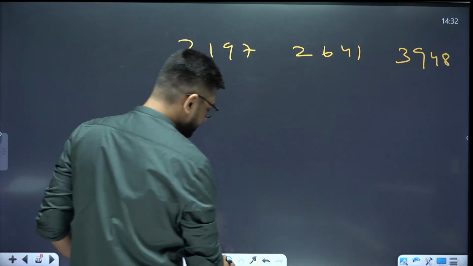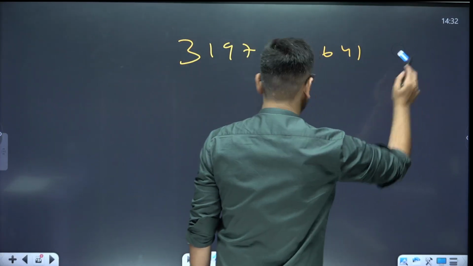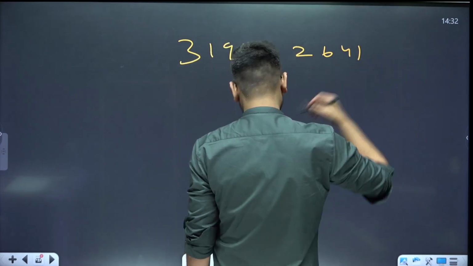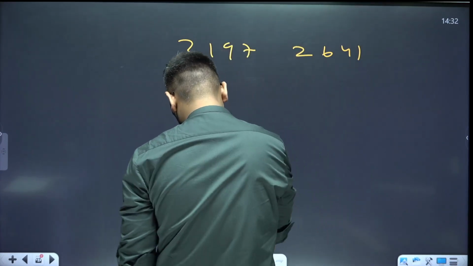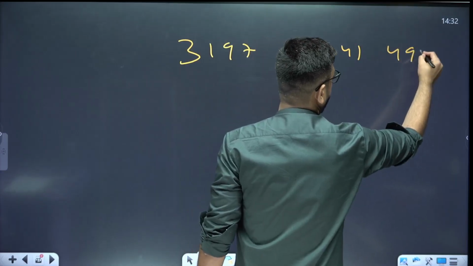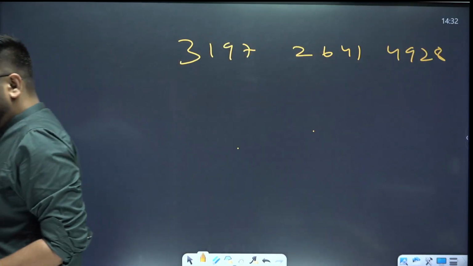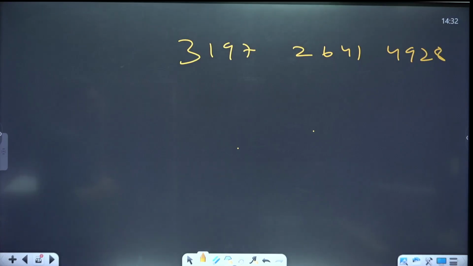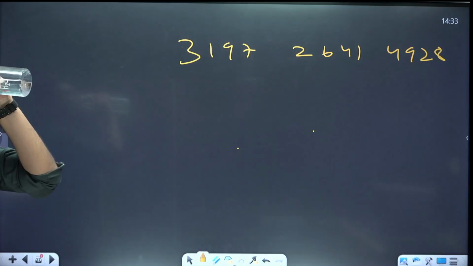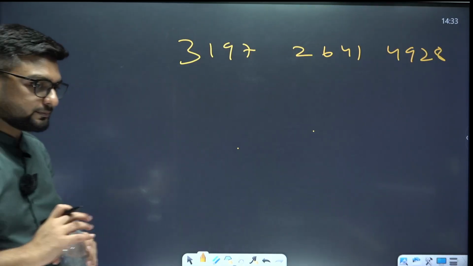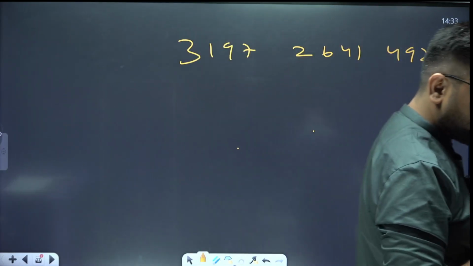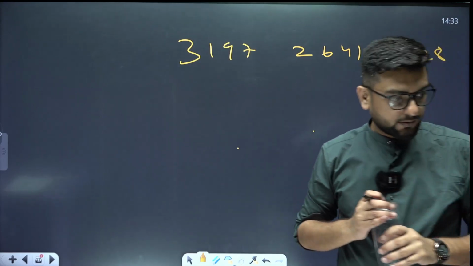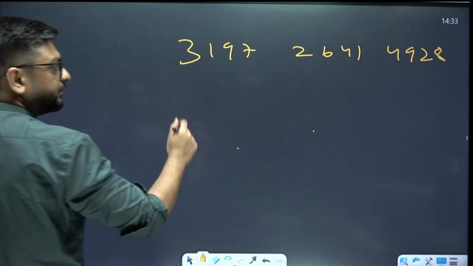The last one, make it 4928. Okay, do it. Three different numbers.